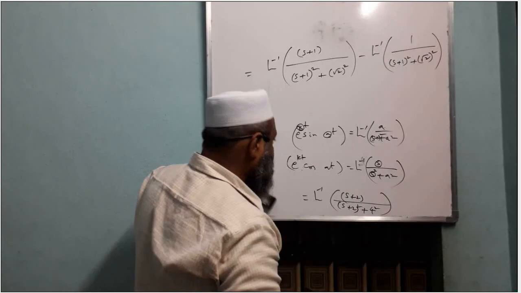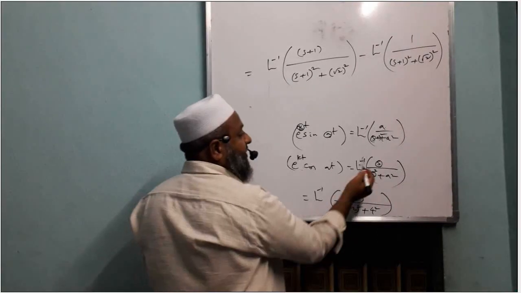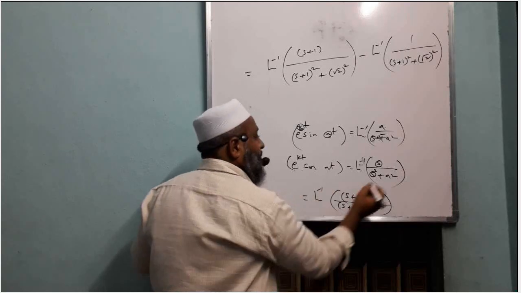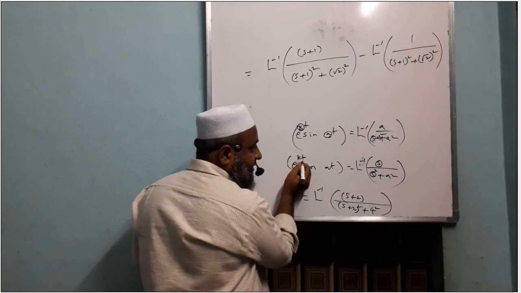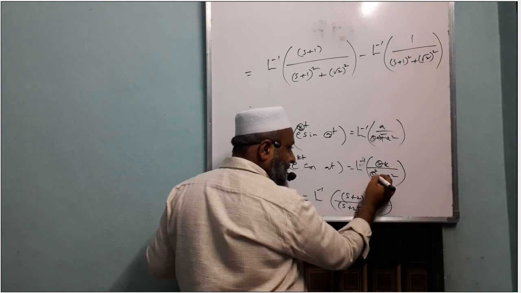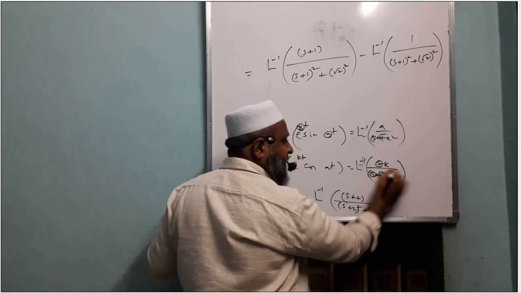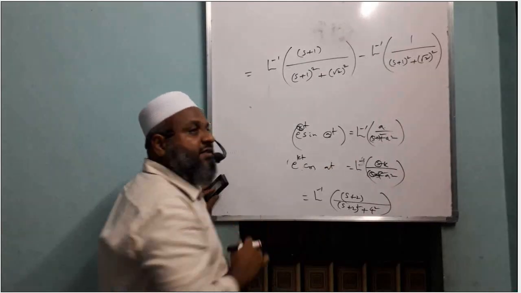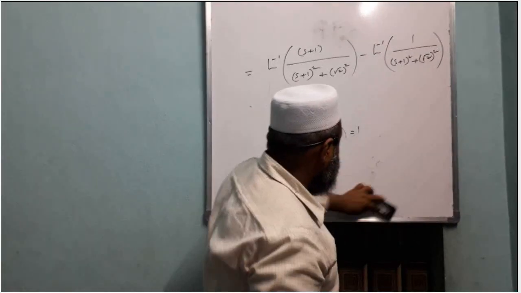Now if I remove this L, L inverse will come. If e power kt is there, then s minus k will appear. So if I apply this, I'll say it in a simple way.